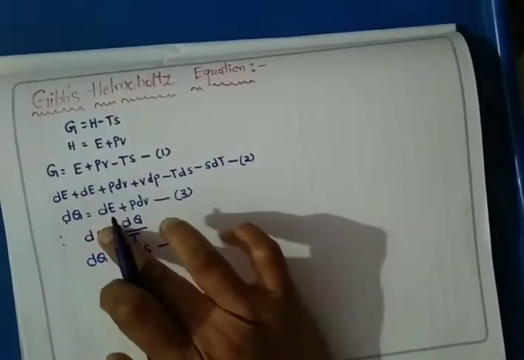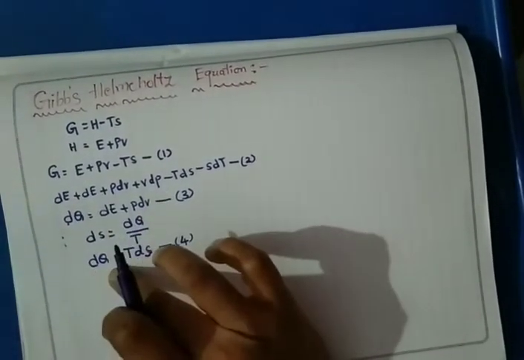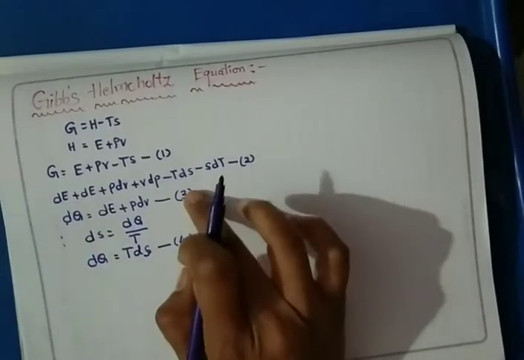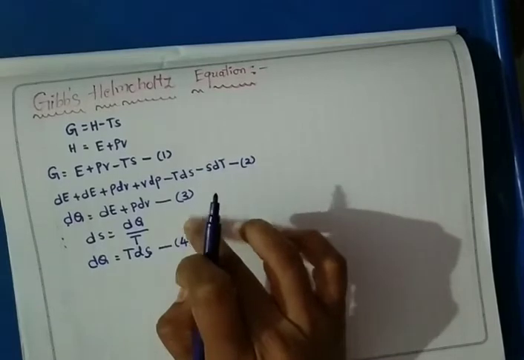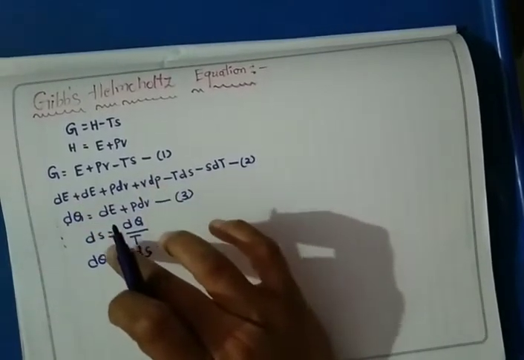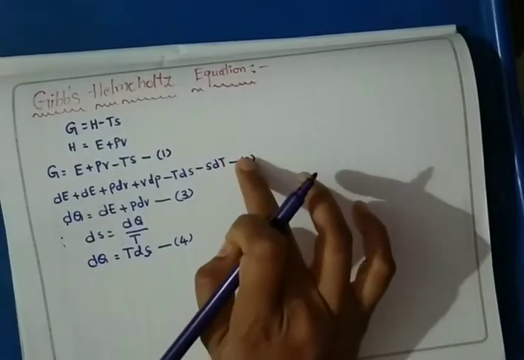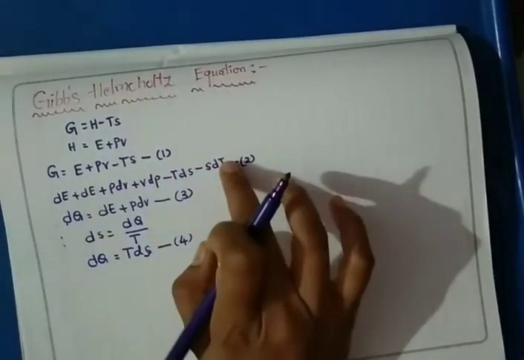Now the third equation is dq equal to dE plus PdV, and the fourth equation is dq equal to TdS. In both, the common term is dq. So we substitute the third and fourth equations in the second equation.